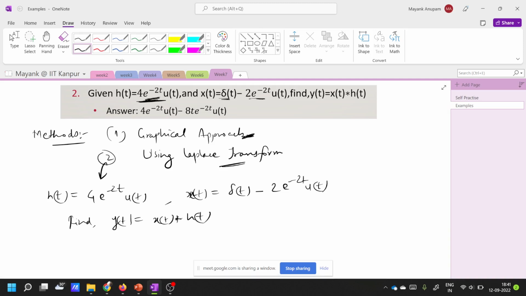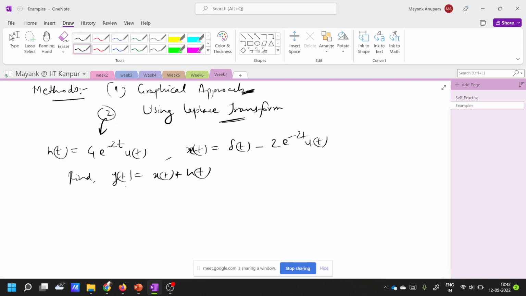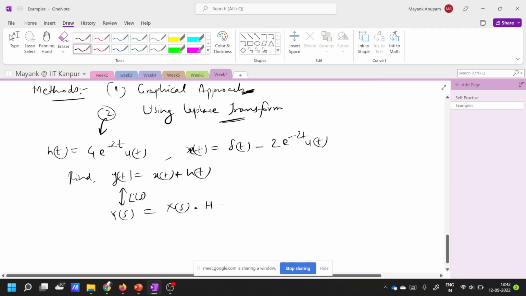So you know that in the Laplace transform domain, y of s will be equal to x of s multiplied by h of s. Then we will do a simple Laplace inverse. Fine.